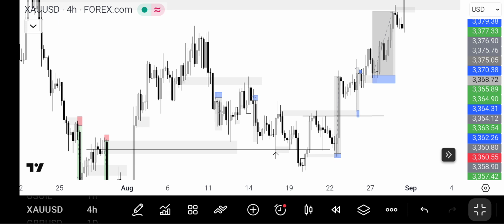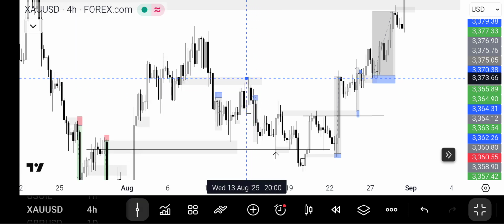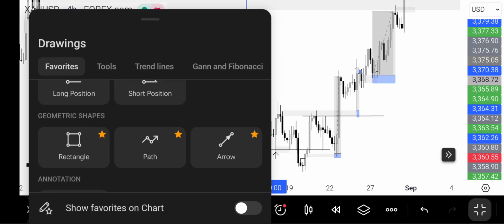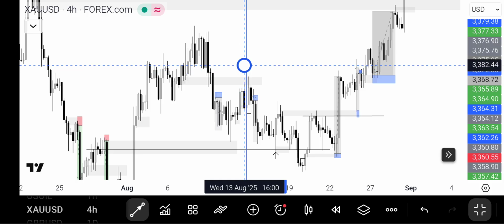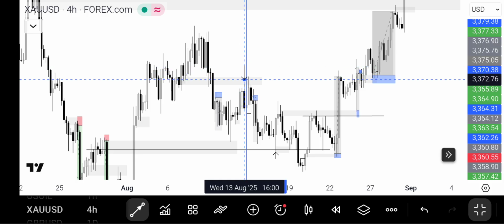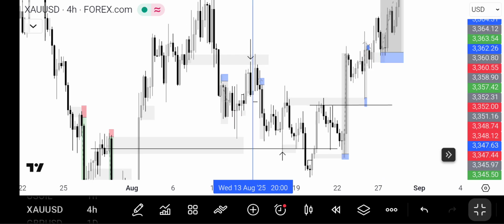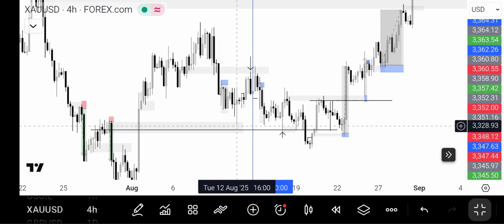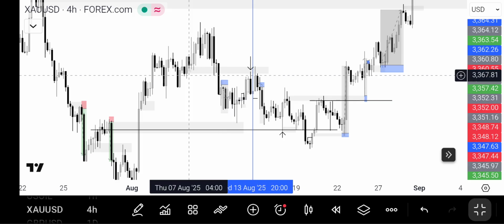Alright, so this is another example. Let me demarcate. As you can see, after gold made a market structure shift here, inducement, then tapped into this 4 hours breaker block. Can you see that?